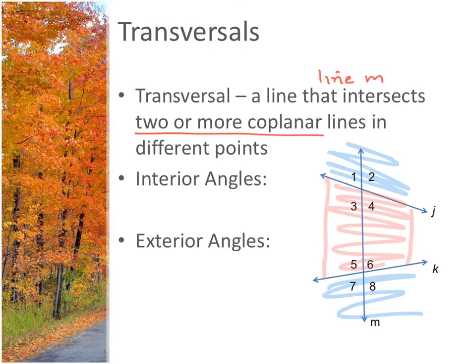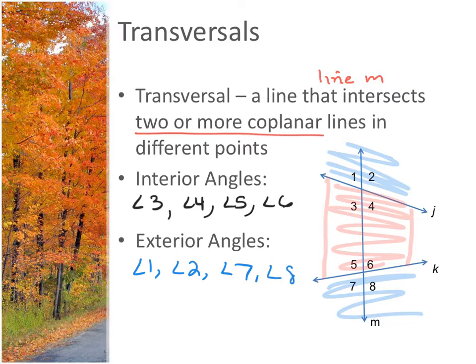So my interior angles, if you're asked to list them, they're the ones in the red box, and that would be angle 3, angle 4, angle 5, and angle 6. The exterior angles are the ones outside of the lines, and they're the ones in the blue, and that would be angle 1, angle 2, angle 7, and angle 8.